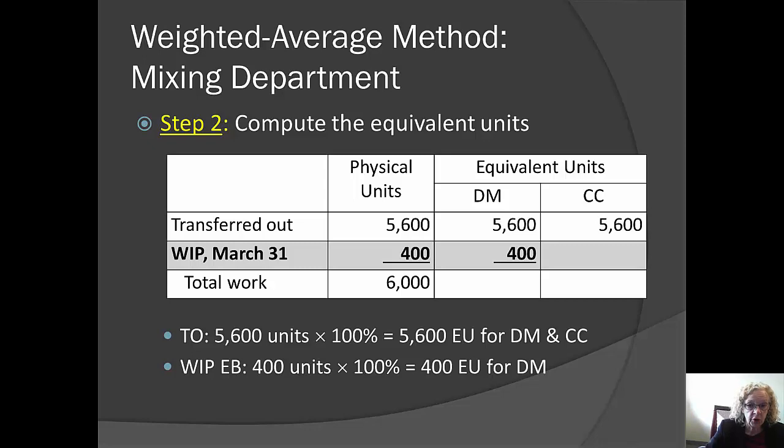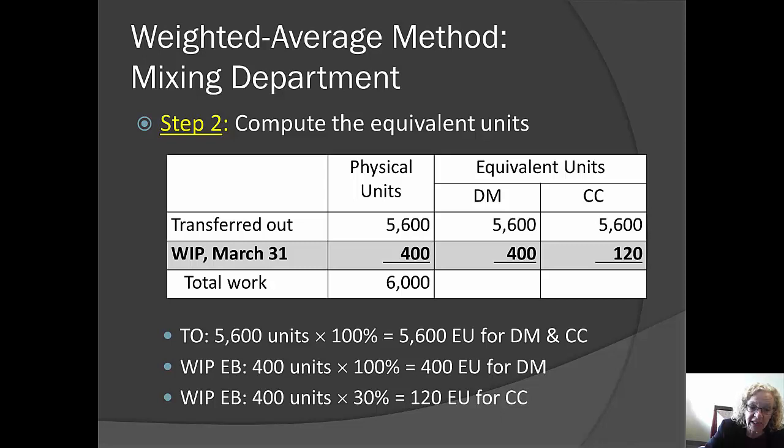What about conversion costs? We were told that these units were only 30% complete for conversion. 400 units that are 30% complete for conversion is the same in terms of effort as 120 units that are completely complete.